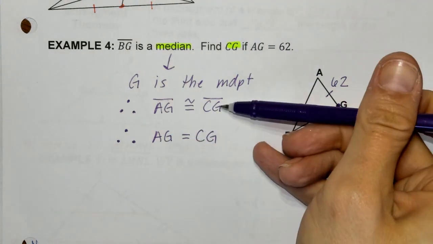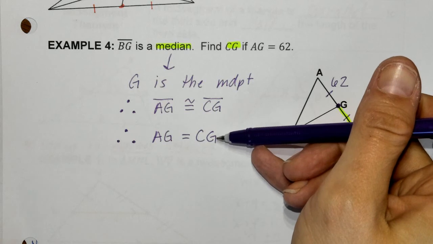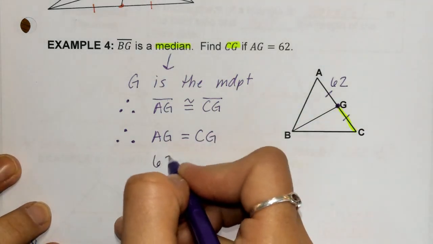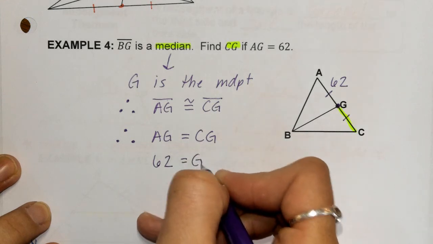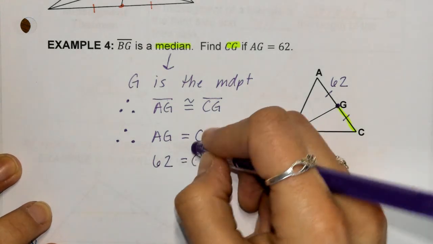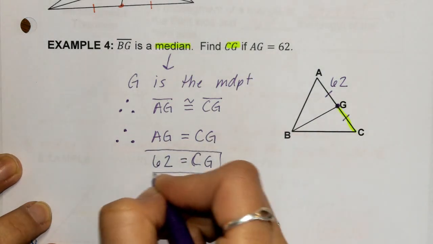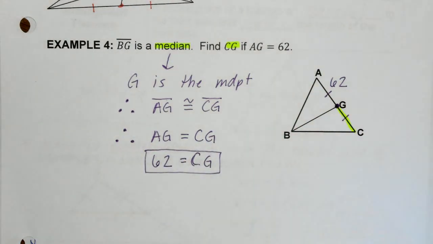Remember, when two segments are congruent, their measurements are equal. So AG, we found out, was 62. We're going to substitute in, and that's going to be equal to CG. If you have algebra, you just set them equal to each other like we always have with two things that are congruent. And there are your very quick notes on midsegments, medians, and altitudes.